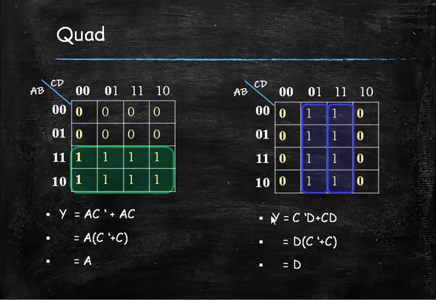Here in the Boolean expression there is only one variable, and here we can consider this as a group of 8 ones like this one. Then we can interpret this as a special group containing 8 ones.